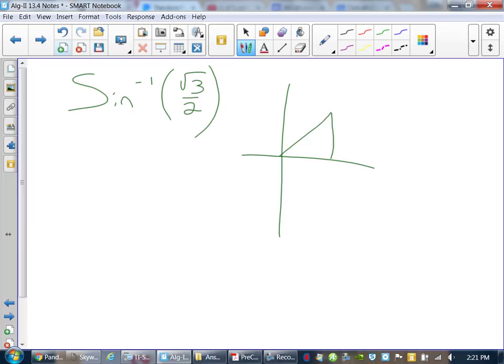So when you're looking for a sine value, you're placing theta here, and it's always looking at its opposite. Which angle looks opposite the root 3? The 60. So this answer is 60 degrees, otherwise known as pi over 3. That's all you're doing.